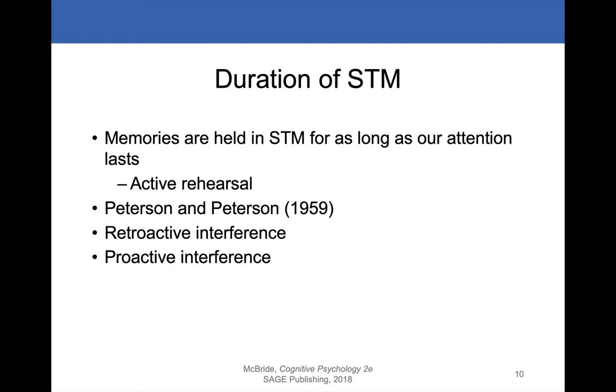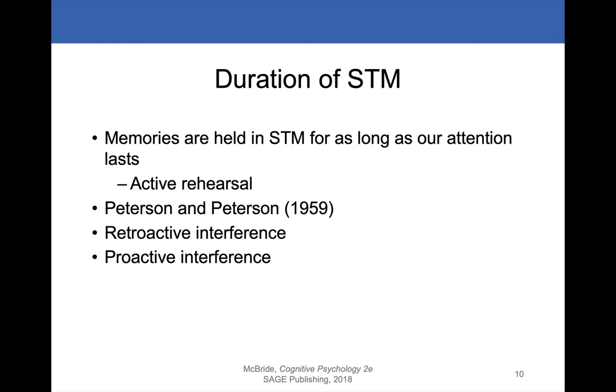And this is due to retroactive interference. This is due to the new information coming into your memory related to your Mac, and it's basically replacing the old information that you had with regard to your Windows machine.